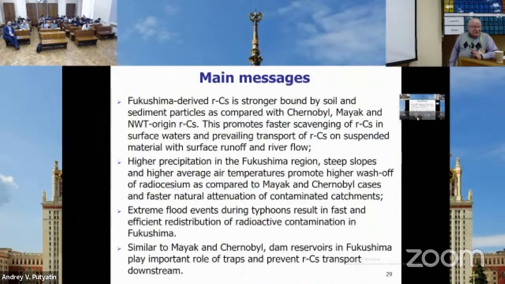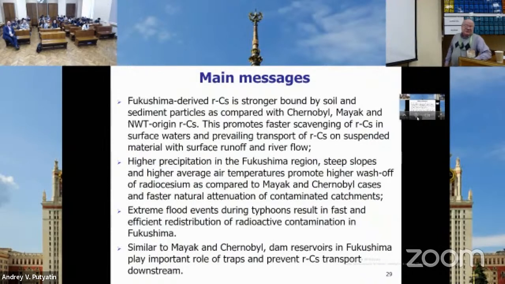Okay, main messages. Fukushima-derived radiocesium is more strongly bound by soil and sediment particles as compared with Chernobyl, Mayak, and nuclear weapon test origin radiocesium. This promotes faster scavenging of radiocesium in surface waters and prevailing transport of radiocesium on suspended material with surface runoff and river flow.